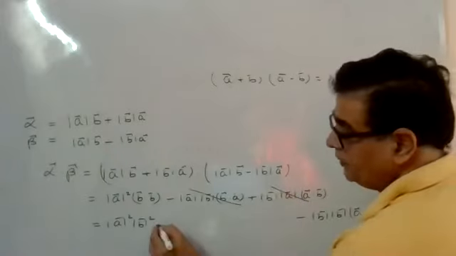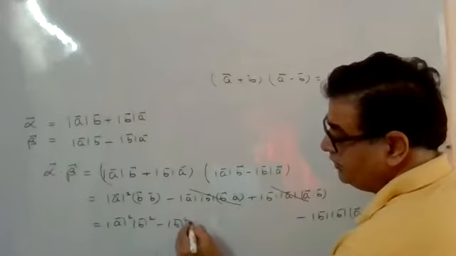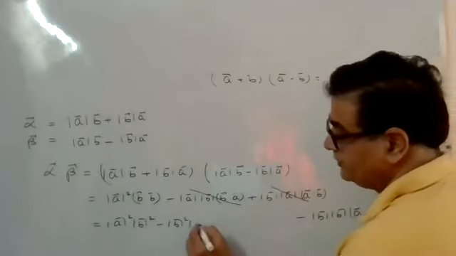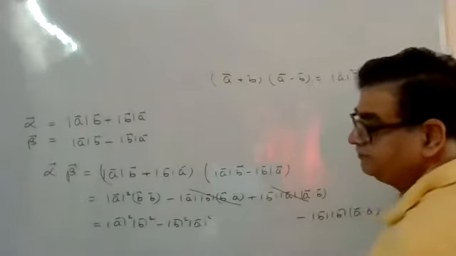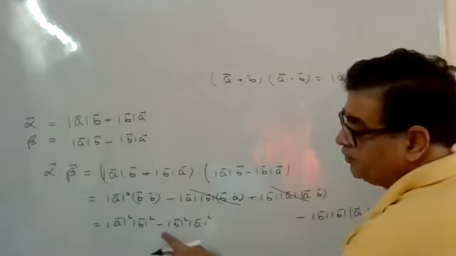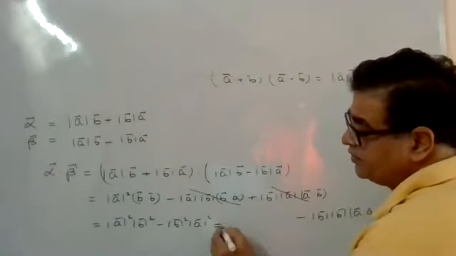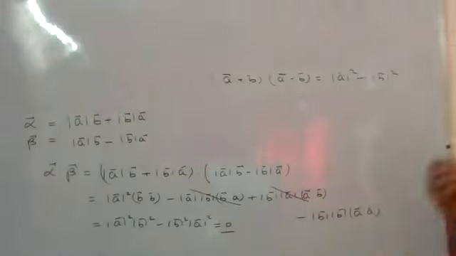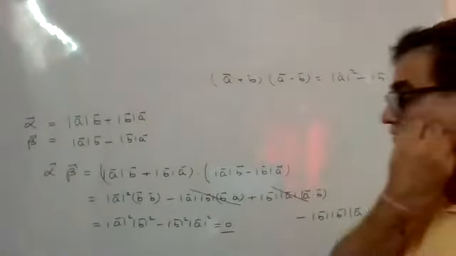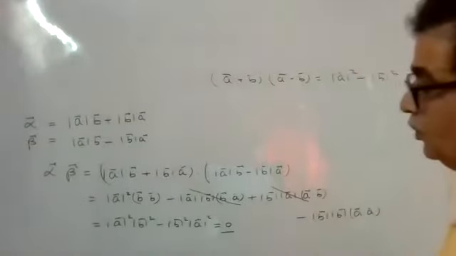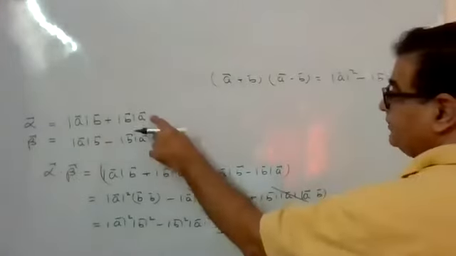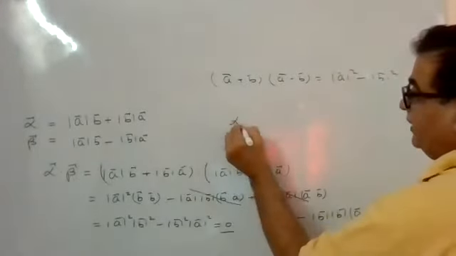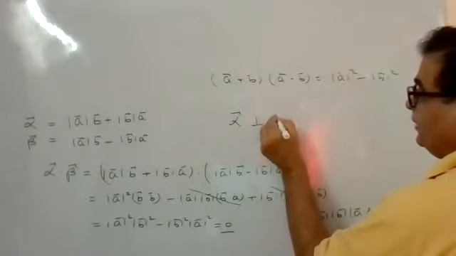Then this has come out to be minus magnitude of B square, and A dot A is A square. So I got A square B square minus B square A square, so the result is 0. So alpha dot beta is coming 0. That means alpha is perpendicular to beta.